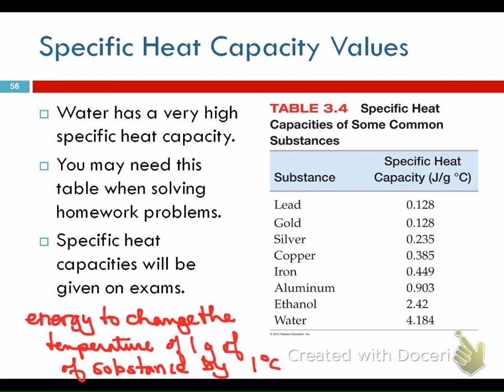So this is that number that I was talking about, but for water. When this was originally done, this is when the calorie was conceived. This number, in calories, is just 1.000 calories per gram degree Celsius.